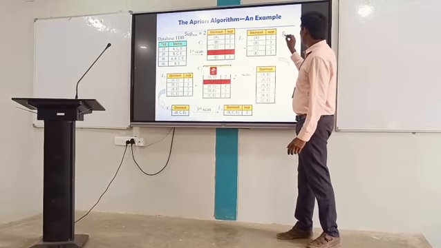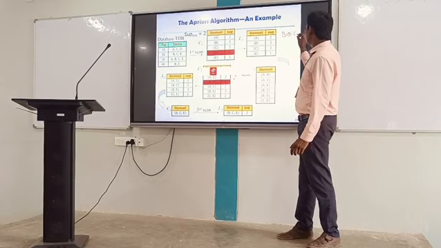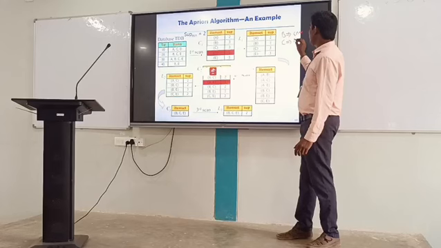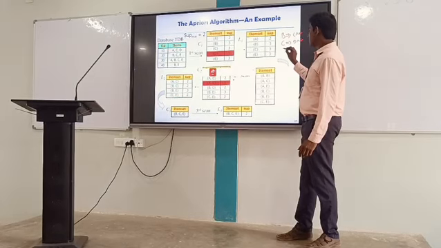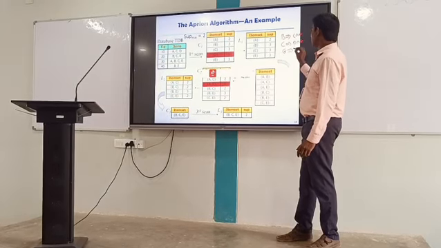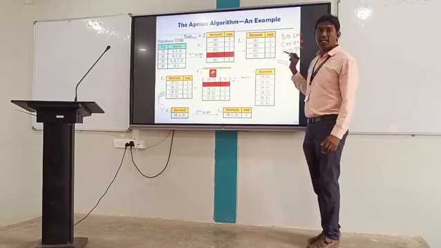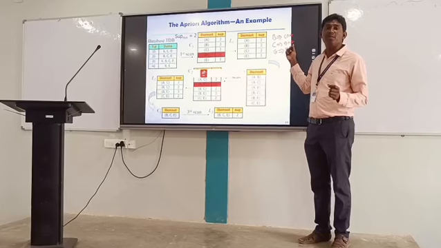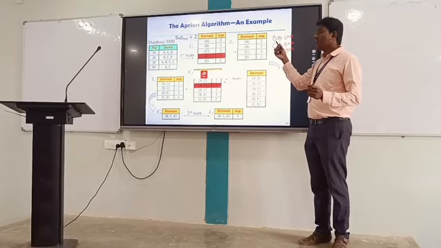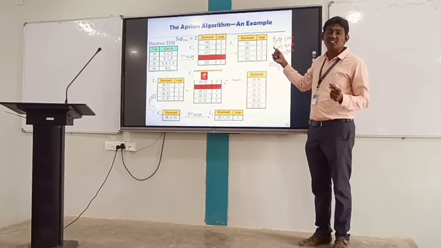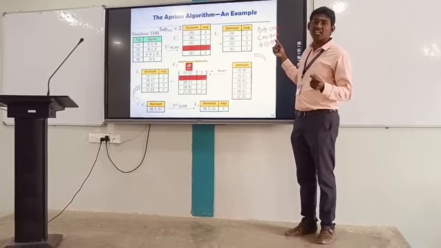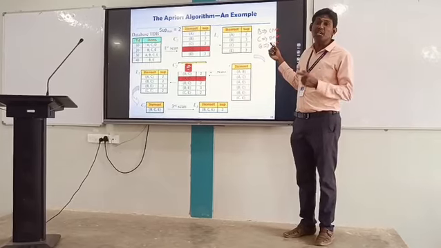Maybe a customer who buys B may likely buy C, a customer who buys C may likely buy B, a customer who buys E may likely buy BC. So association rule analysis is an implication of the form A implies B. The A part is called the if part, the antecedent, and the B part is the consequent, the then part.